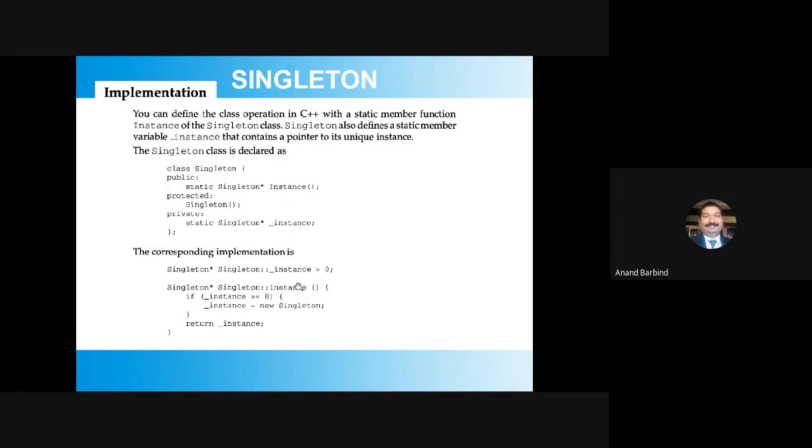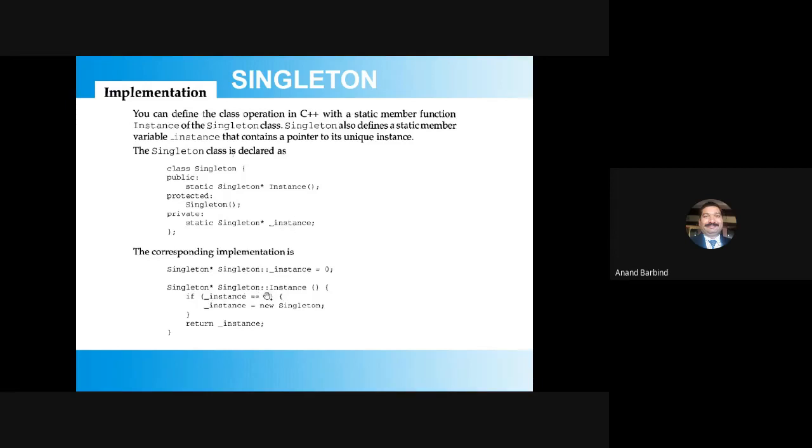Whenever this instance method is called, it is to be called like this: singleton dot instance, that is class name dot method name, by any of the classes. What does the method check? It checks whether this instance attribute is 0.